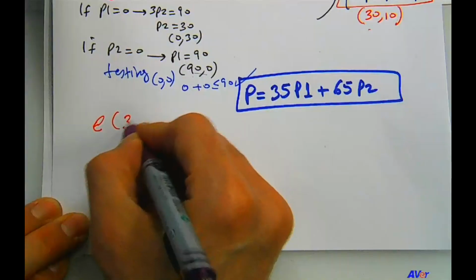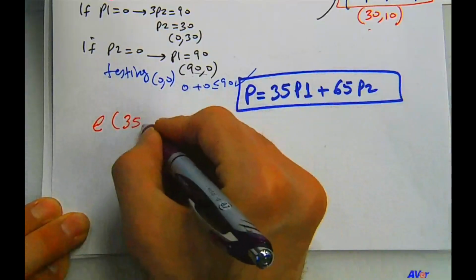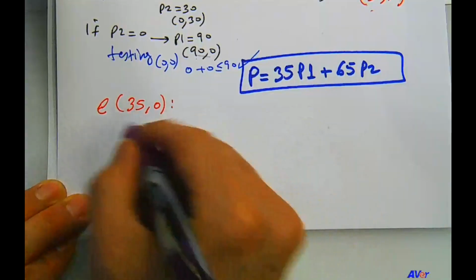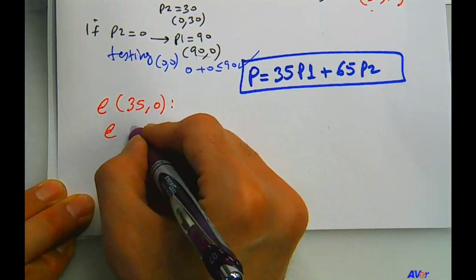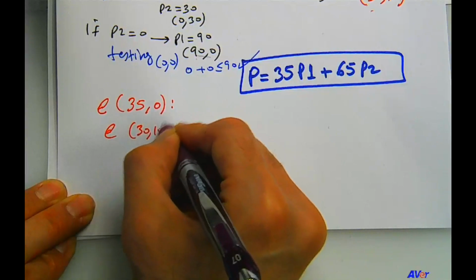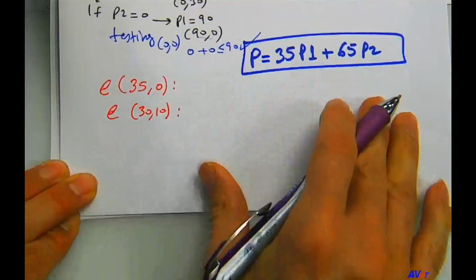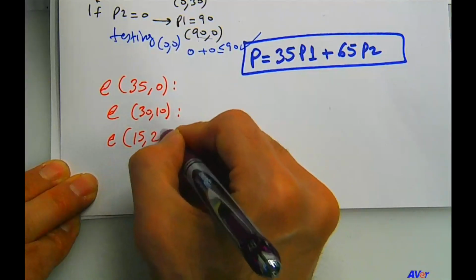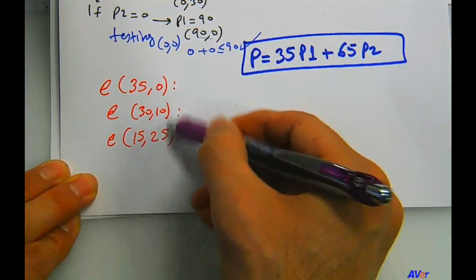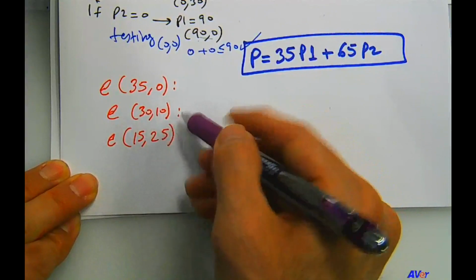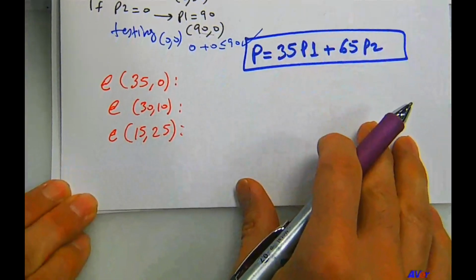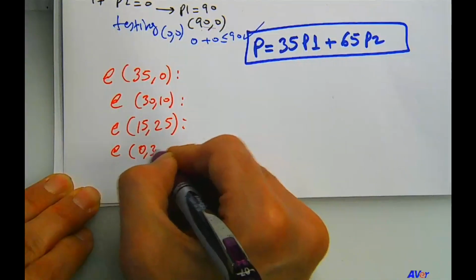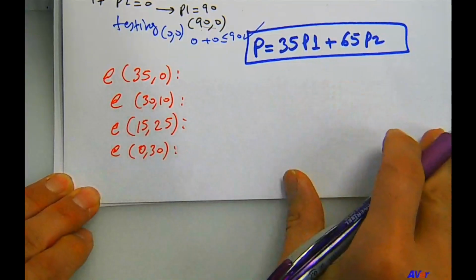These are the feasible ones. So we toss out 0, 0: 35, 0, and 30, 10, 15, 25. These are the 2 points that we solve for using those two systems. And finally, 0, 30.